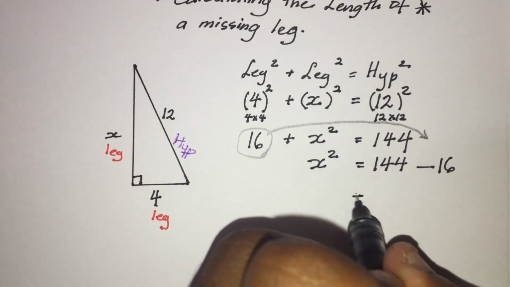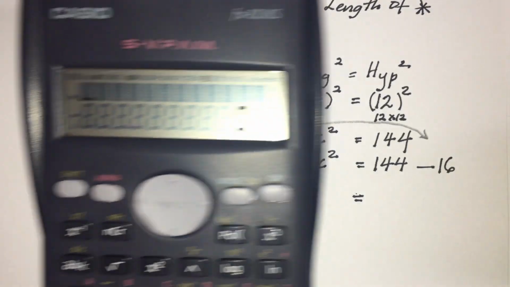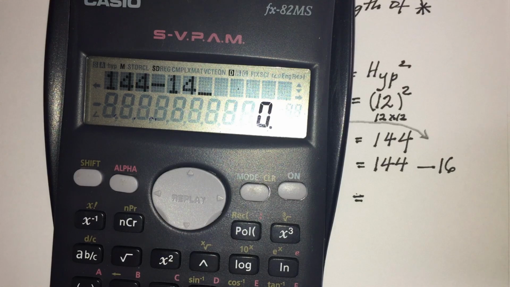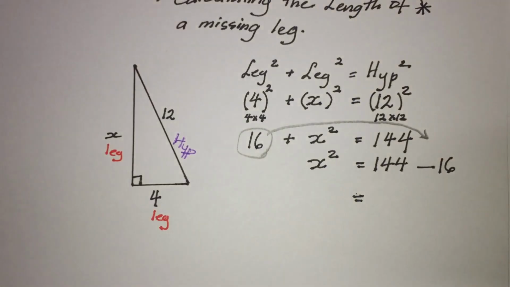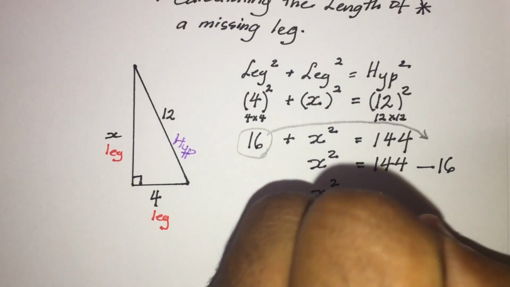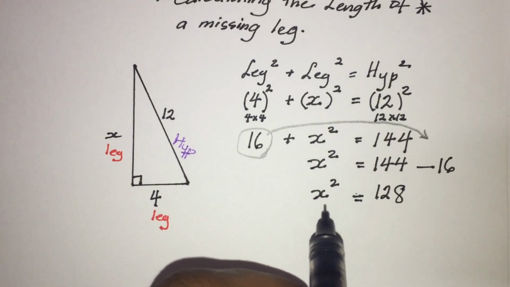Good. We're going to work this down into our calculator. So we're going to have 144 minus 16. And that gave us 128. So x squared is equal to 128. Remember, we don't want x squared.